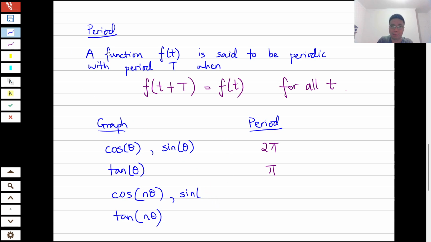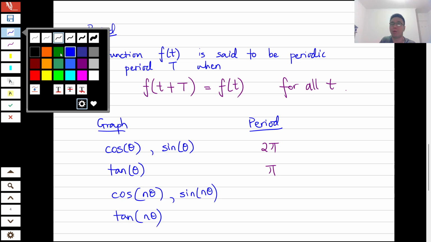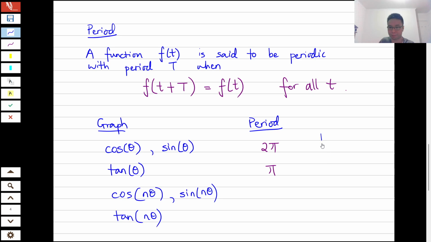Now, what happens if we change the multiplier of theta inside the brackets? So suppose I dilate my graph by a factor of 1 on n from the y-axis. Before, we had a graph passing like this, ending at 2 pi.